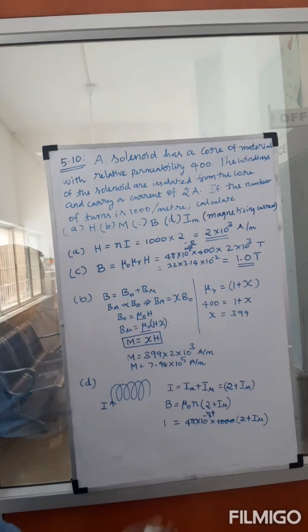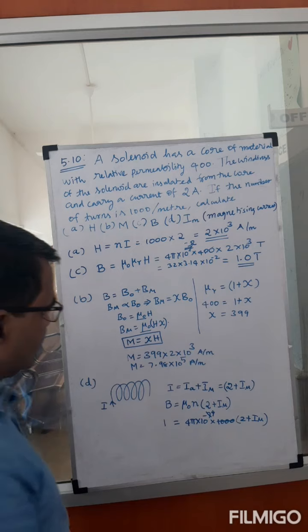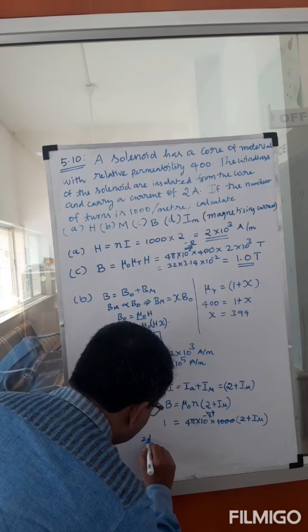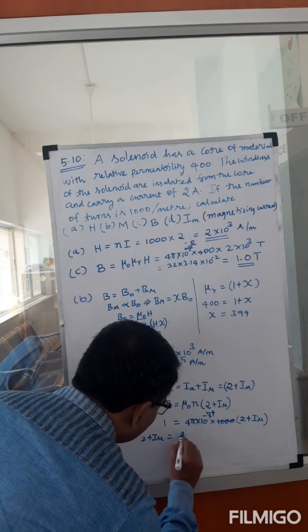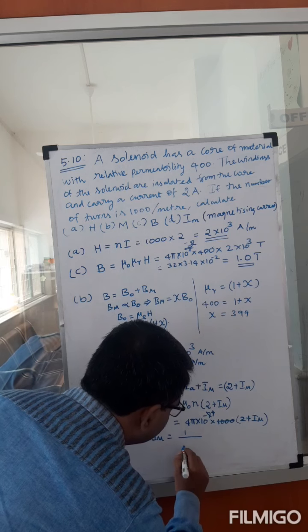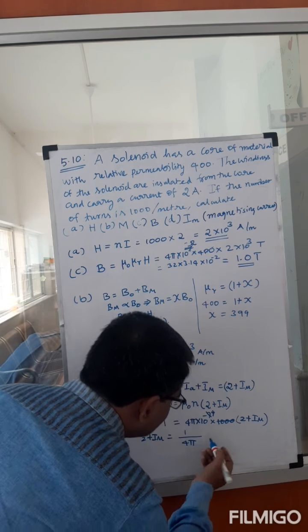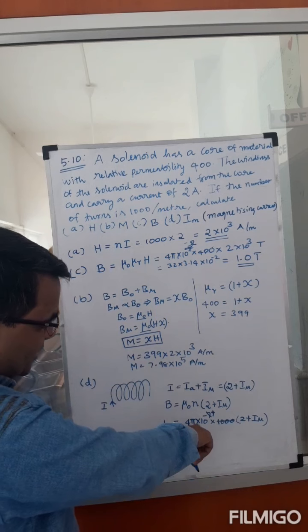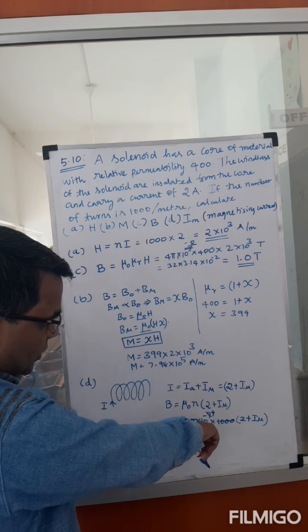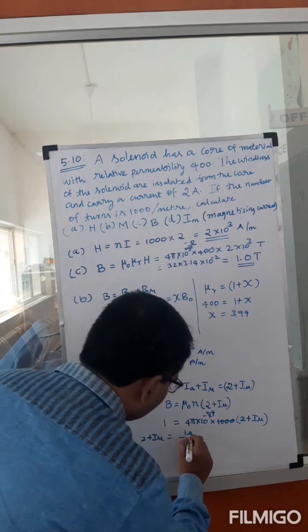So 2 plus Im is going to be equal to 1 divided by 4 pi, and now 10 power minus 4 goes down, so it will be 10 power 4.